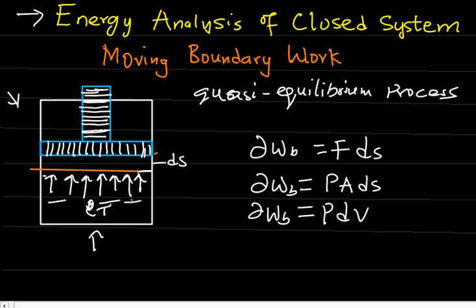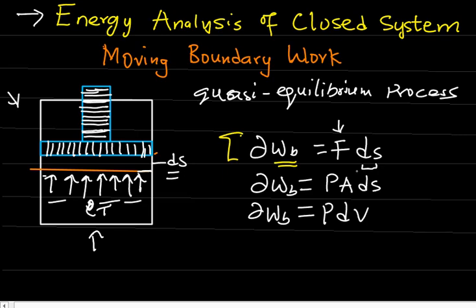We can measure this differential movement, and with it we can calculate the differential work done on the boundary, dWb. You know work is equal to force times distance, so that's going to be the force times the differential distance.